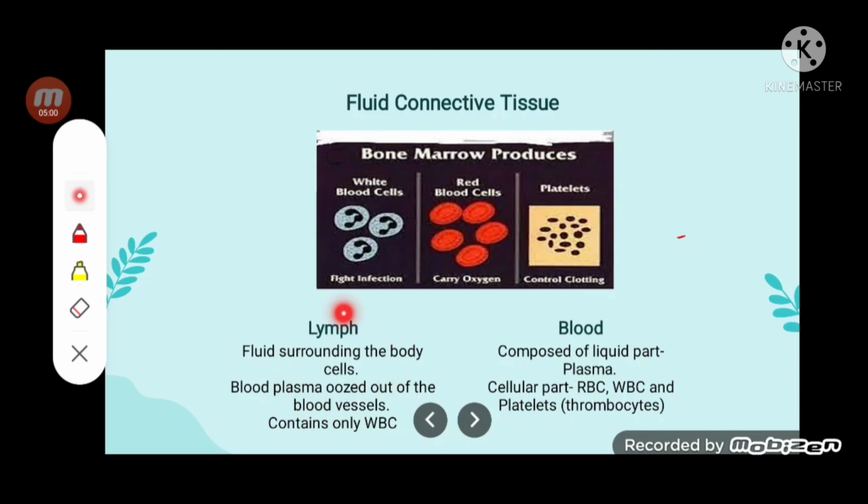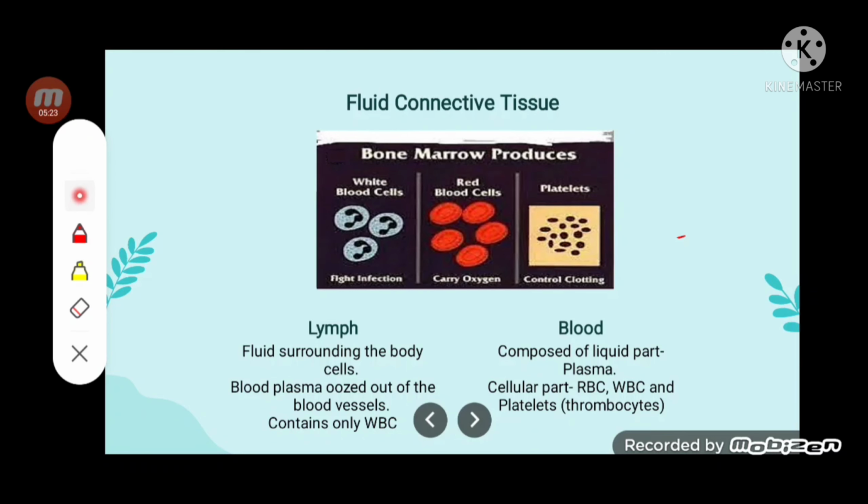What is basically the function of white blood cells? They protect us against foreign bodies. So lymph is the liquid or plasma of the blood along with the WBC, means lymph is equal to plasma plus WBC. So this is all about fluid connective tissue.